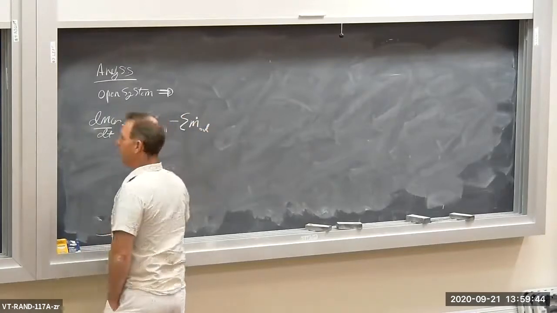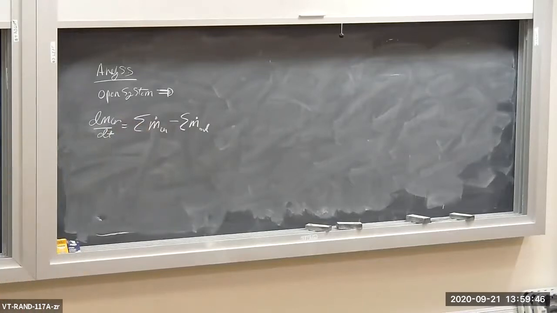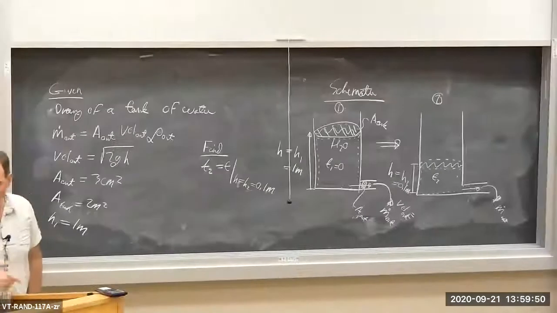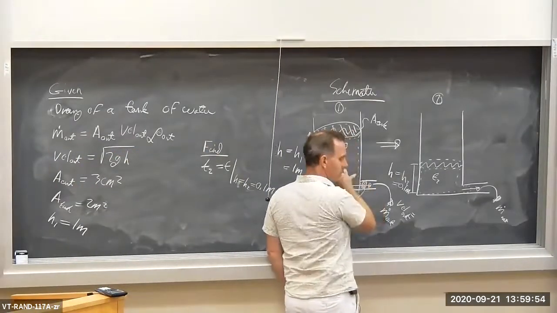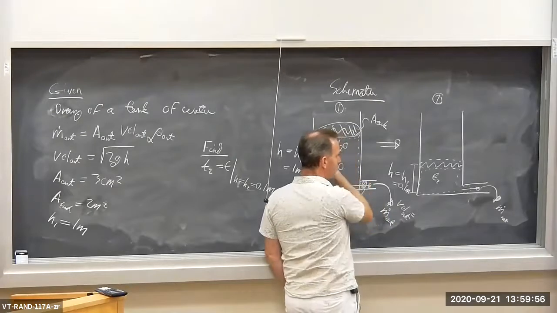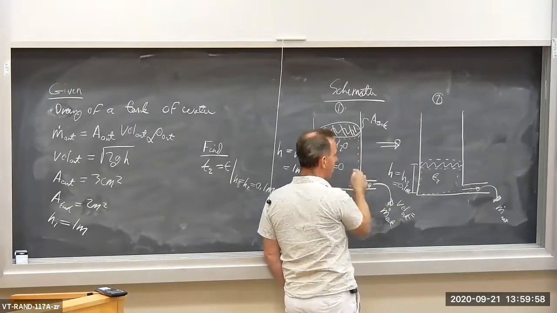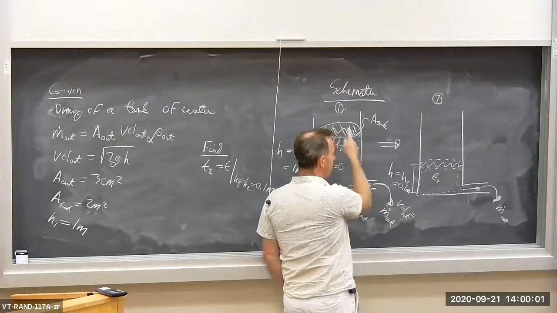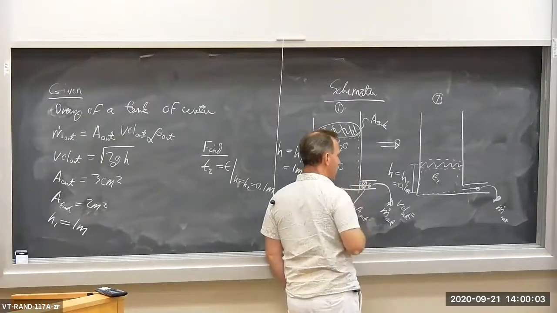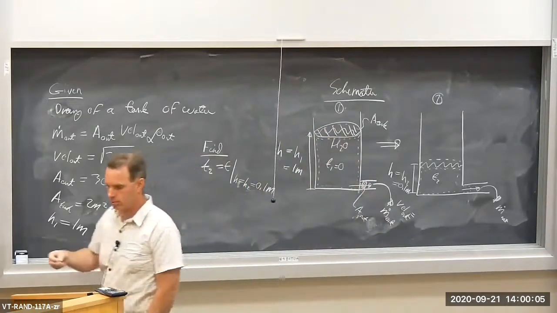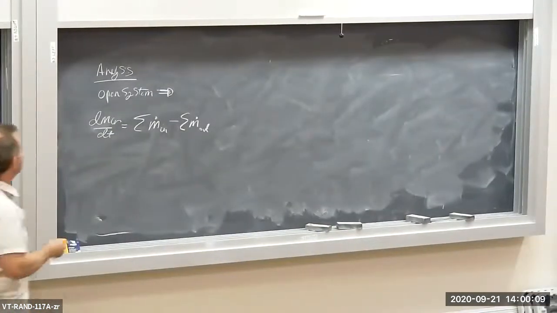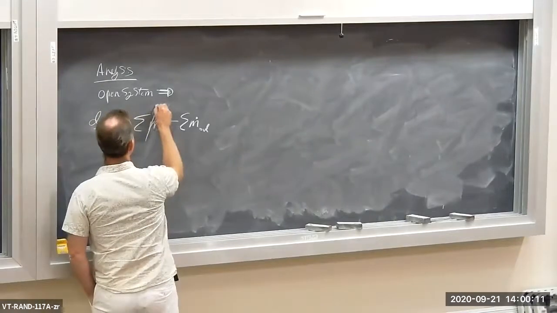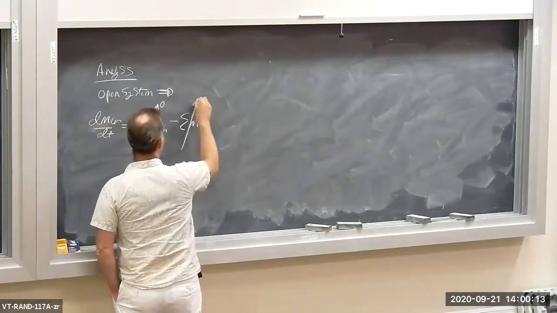All the inlet flow minus all the outlet flows from the various inlets and outlets. Now in this case, we don't have any inlets. The control volume is that surrounding the liquid H2O in the tank. So we don't have any inlets, so this is 0, but we do have an outlet.